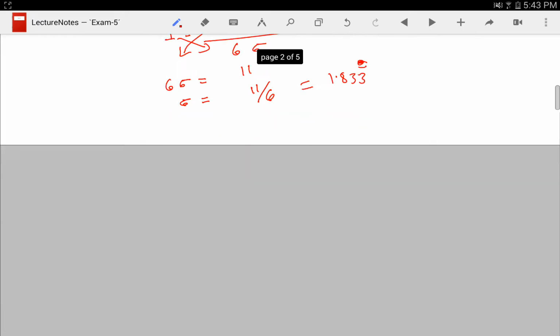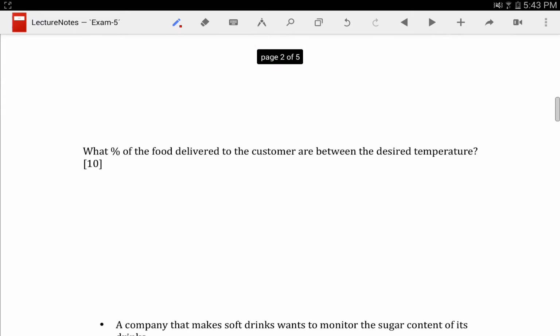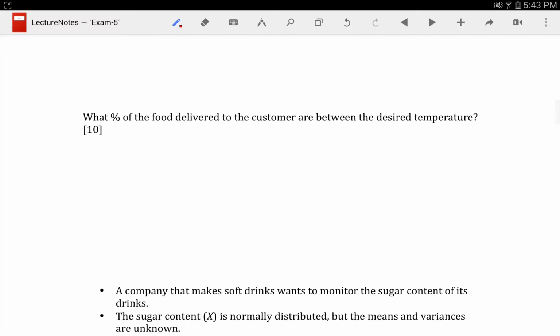The next question asks, what percentage of the food delivered to the customers is within the desired temperature?